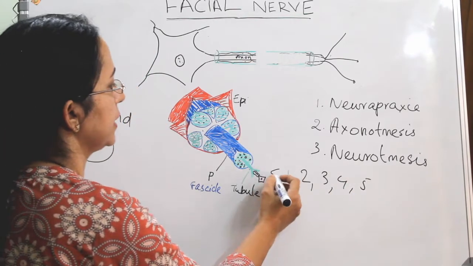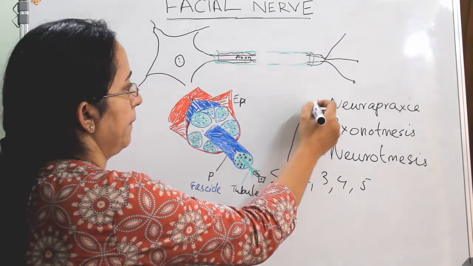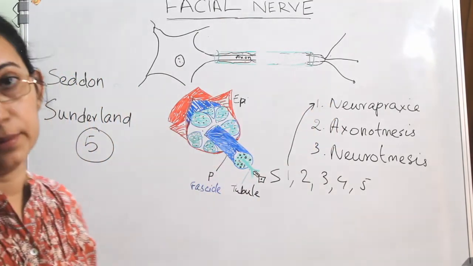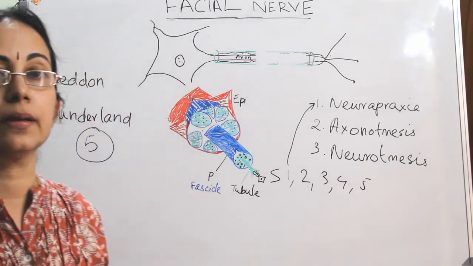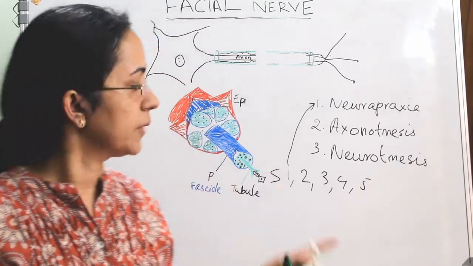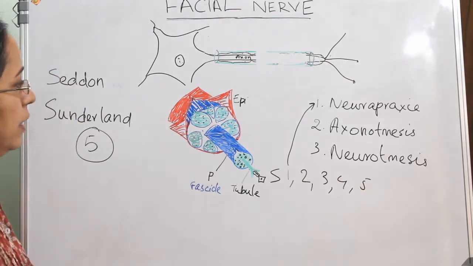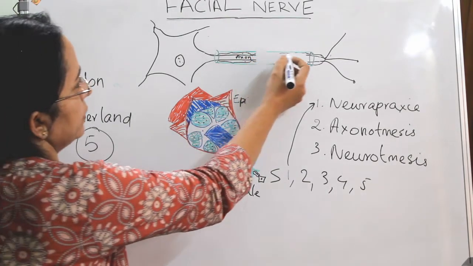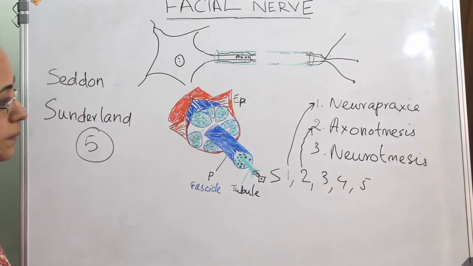Sunderland's type 1 is neuropraxia. There is only a block to the transmission of nerve impulse, and it is completely reversible. In type 2, there is injury to the axon, which we can call axonotmesis.